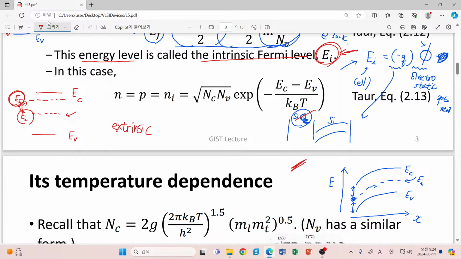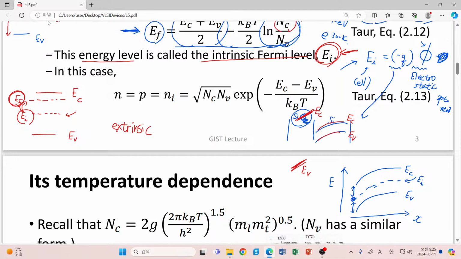Anyway, these red lines just show the conduction band inside the silicon dioxide and the conduction band in silicon, the valence band in silicon and the valence band in silicon dioxide.